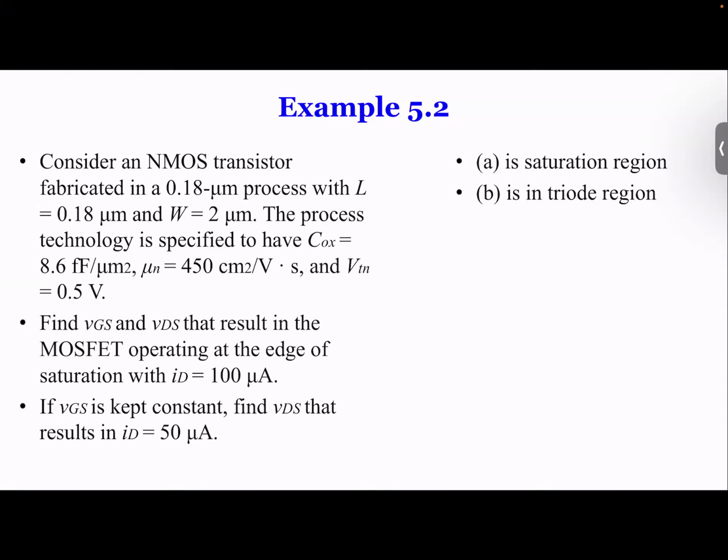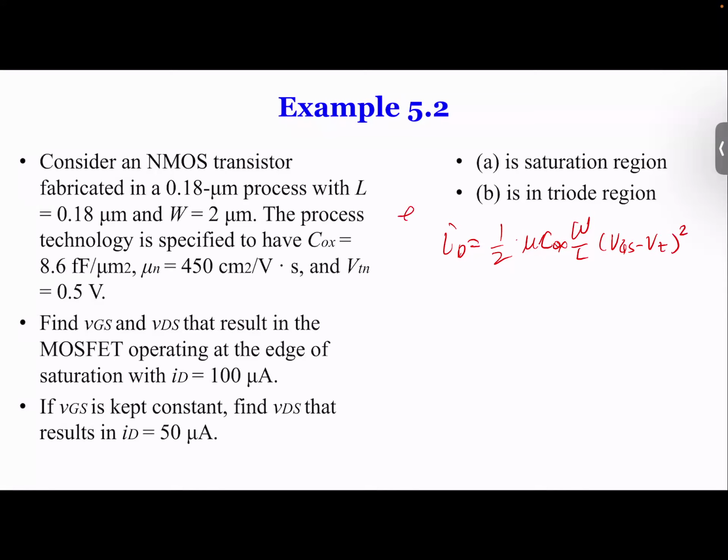Well, at the edge, we can write ID is equal to 1/2 K, which is mu COX, times W over L, times VGS minus VT squared.